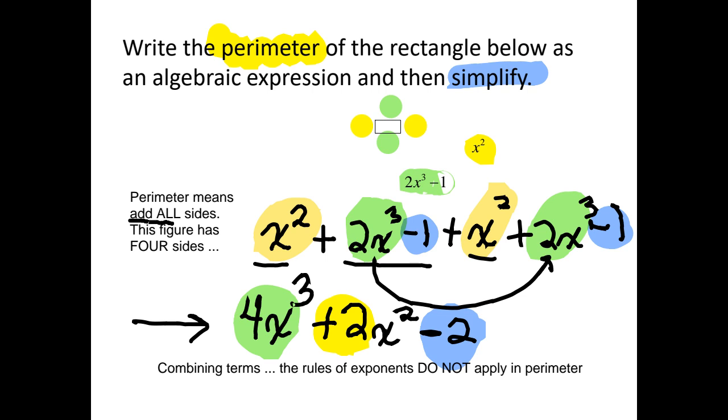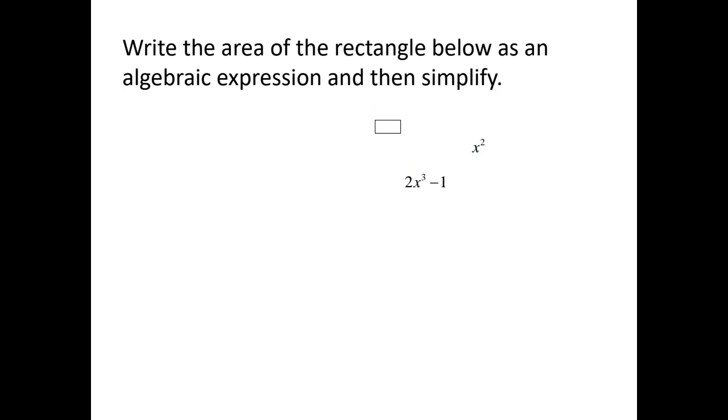Now, this one. It's almost the same problem, except they are telling me to do something a little bit differently. They are asking me the area. Okay. This again is my x squared. This again is here. Okay. Now this one, area, means length times width.